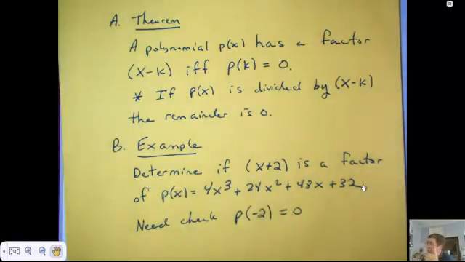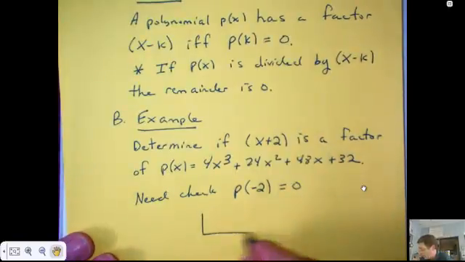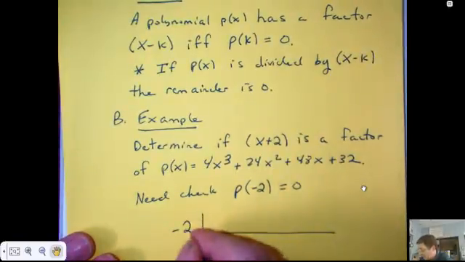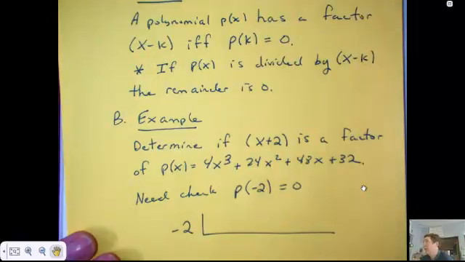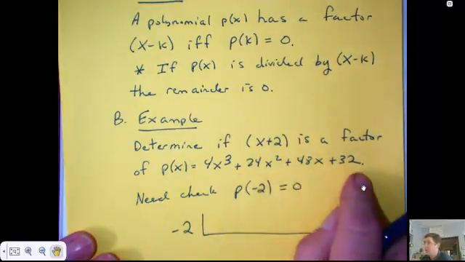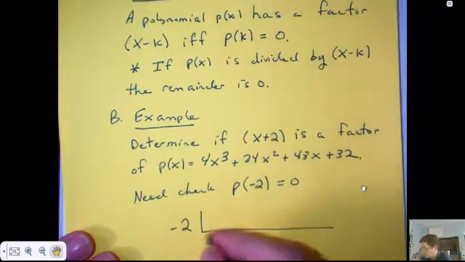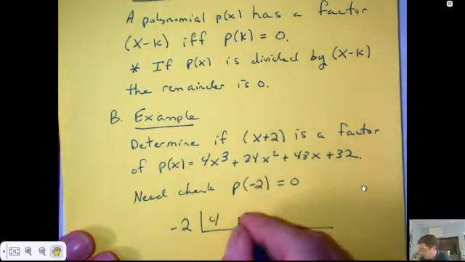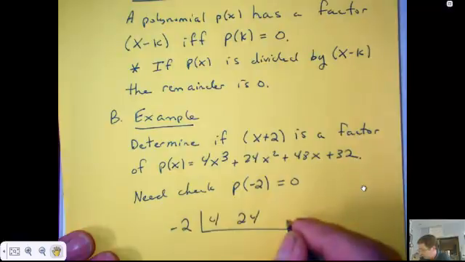The quickest way to do this is just with synthetic division. If I divide the polynomial by negative 2, and the remainder is 0, it's just got to be a factor. You also could just plug it right in and do the calculation, but I think it's probably easier to divide. So I'm just going to use synthetic division.